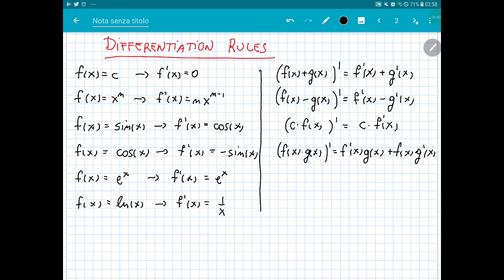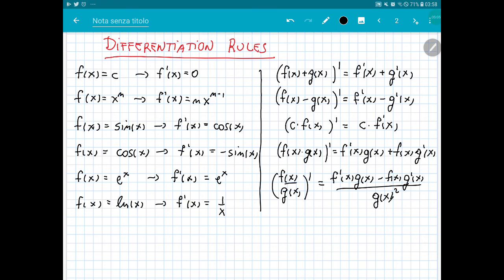And finally, the most complicated one, the quotient rule. Here again, it's not as simple as just taking the quotient of the derivatives, but there's a special rule. So you're going to have f prime of x times g of x minus f of x times g prime of x, everything divided by g of x squared.